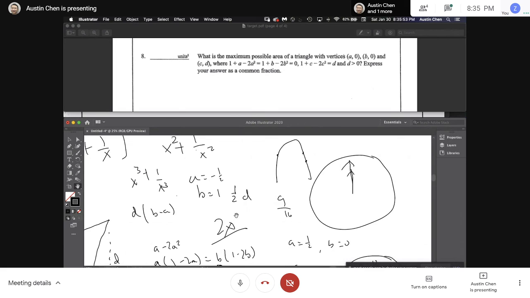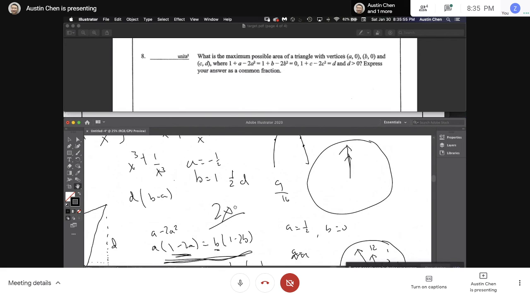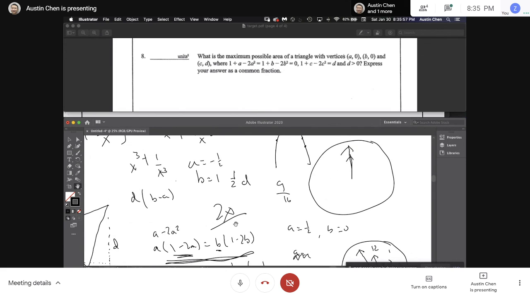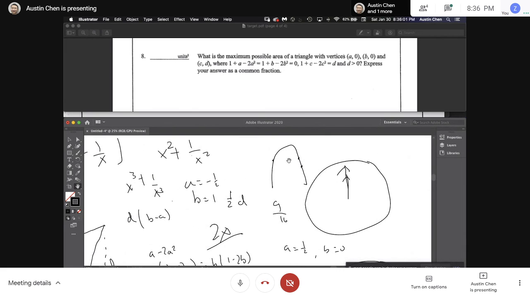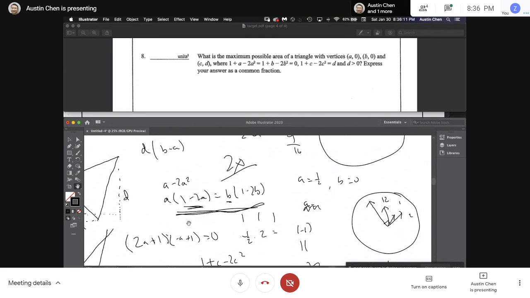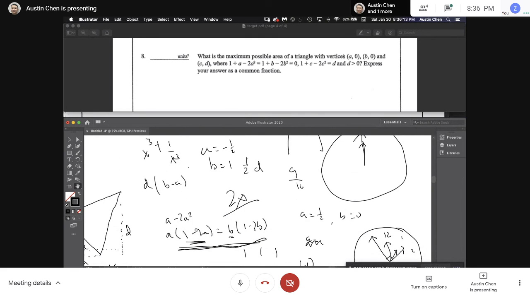If they're on opposite sides of the parabola, then they're equal. But to satisfy this, it's only negative 1/2 and 1, I think.